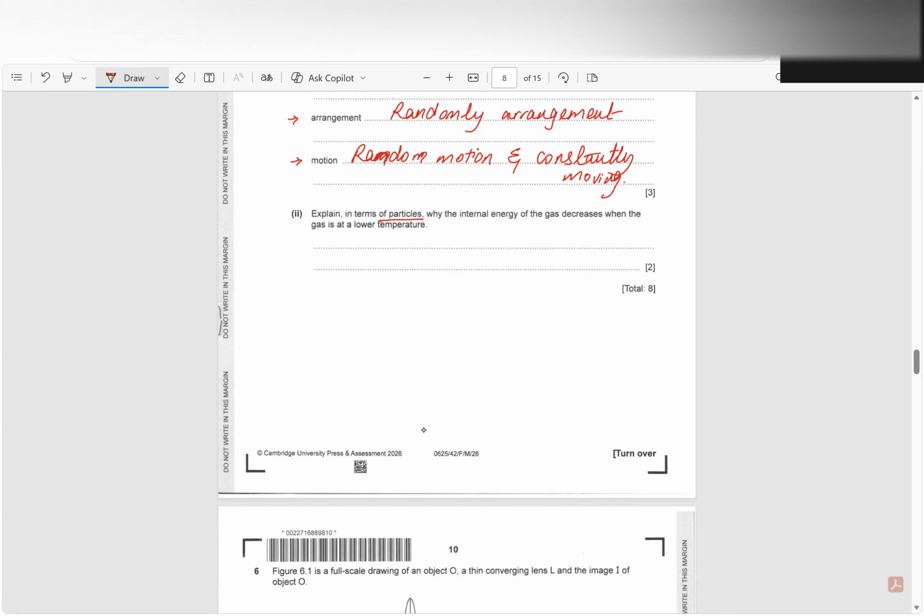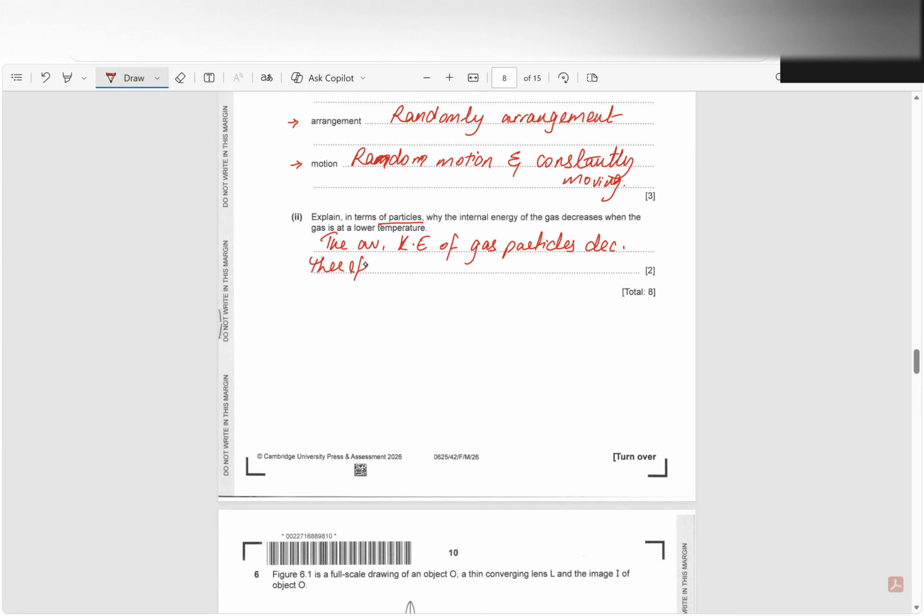So we're simply going to write here the average kinetic energy of gas particles decreases.